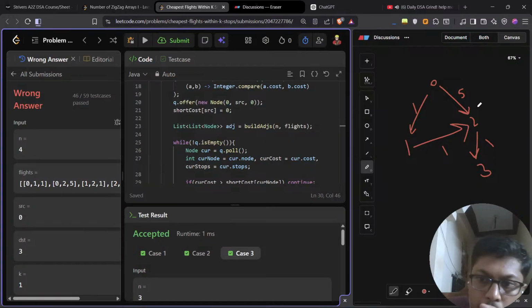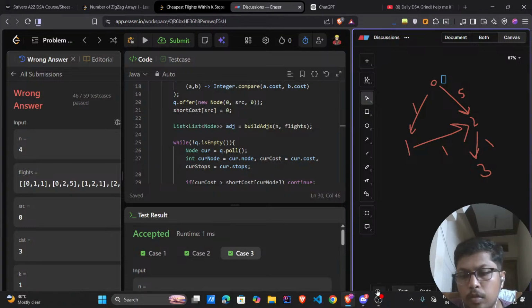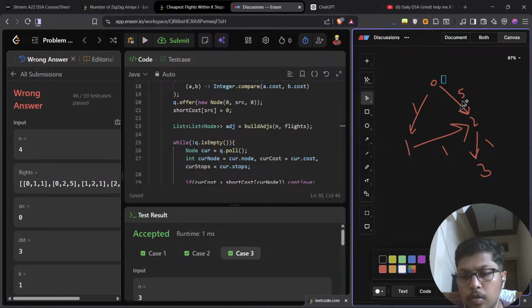Then what could be the thing? Okay, initially this will be it. I will try to write the cost and steps over here.